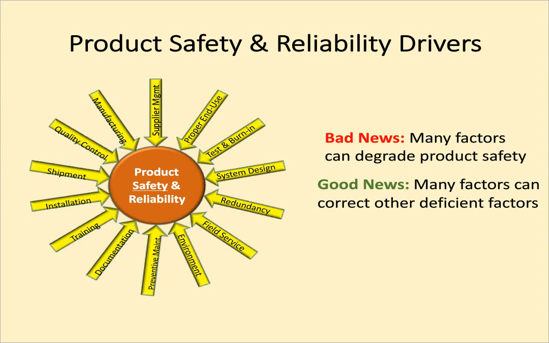As an example, let's take a case where an operator on a production line makes an error that creates a potential safety hazard in a product. That error can be caught and corrected in a subsequent inspection or test that's performed before the product is distributed. So that's the good news.